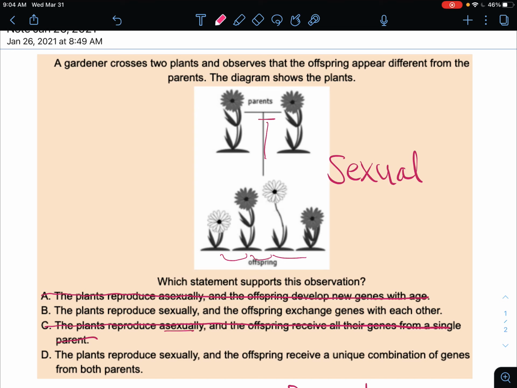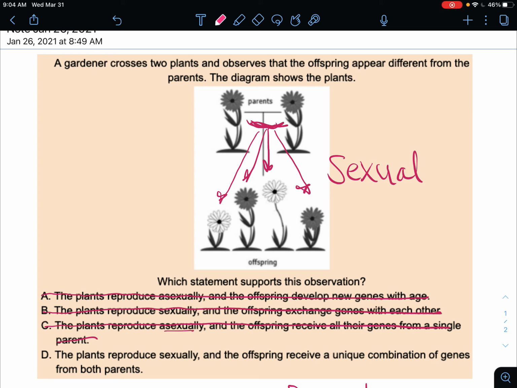What happens during sexual reproduction is that one parent contributes a sperm and one contributes an egg, and those genes combine and fuse to create a bunch of genetically diverse offspring. So no, the offspring are not exchanging genes.